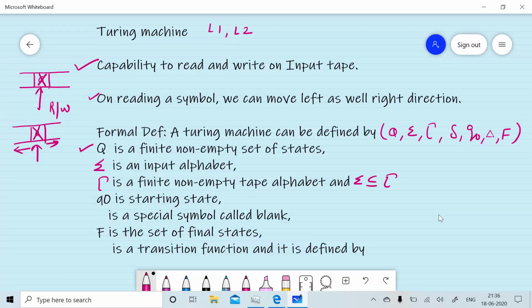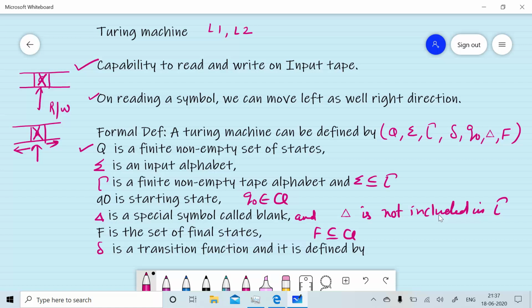Q0 is the starting state and Q0 belongs to Q. Blank is a special symbol and blank is not included in the tape symbols. F is a set of final states and it is a subset of Q.